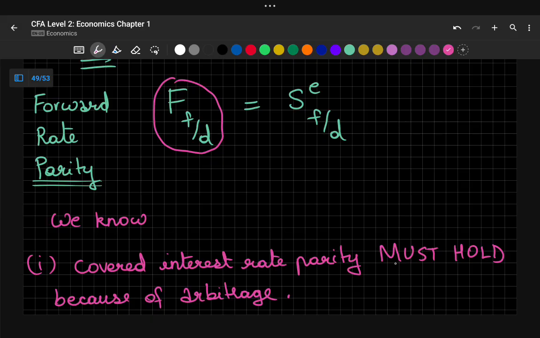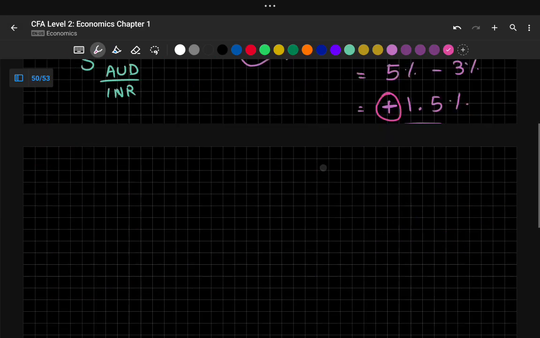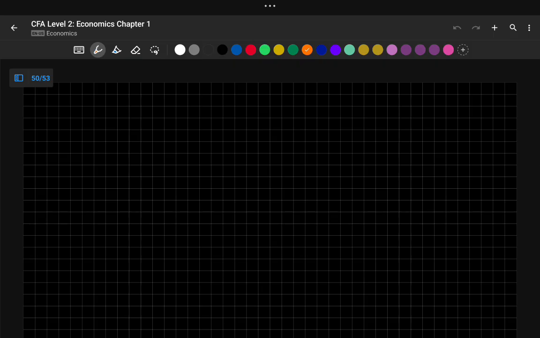So for forward rate parity to be satisfied, the condition that now should be satisfied is uncovered interest rate parity.